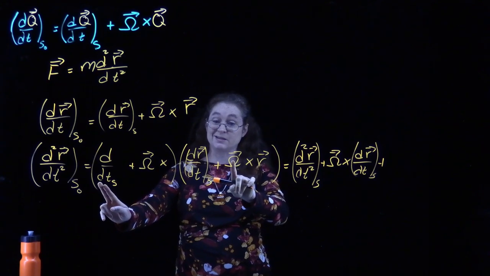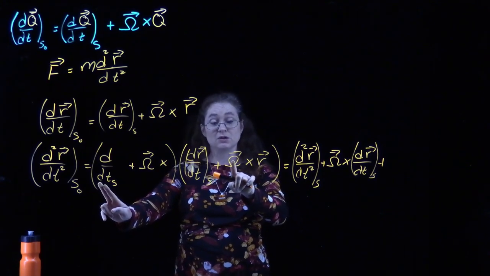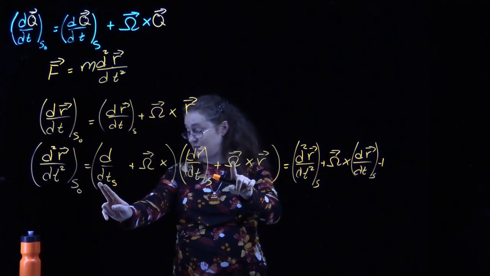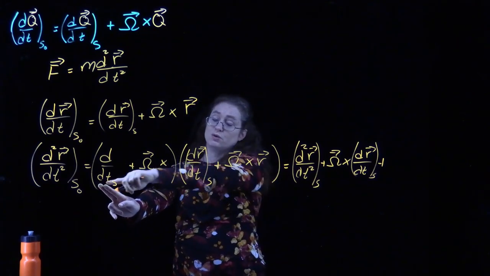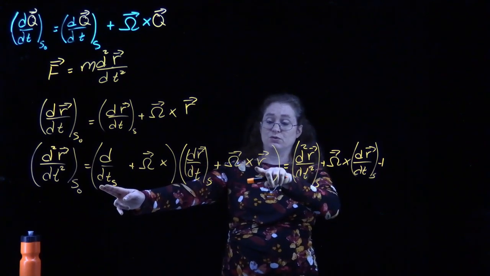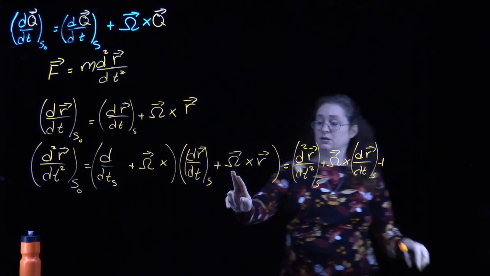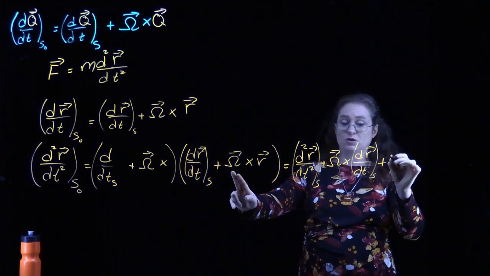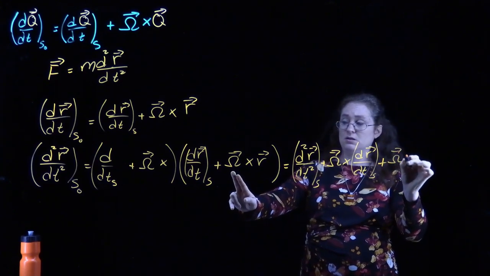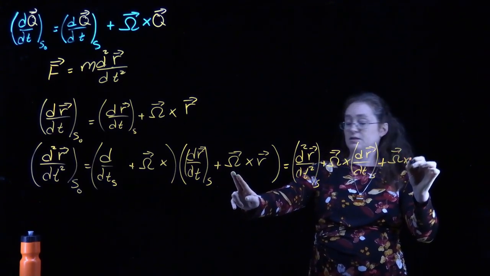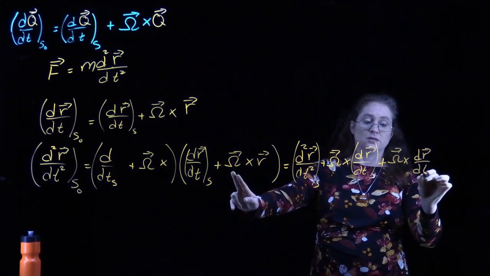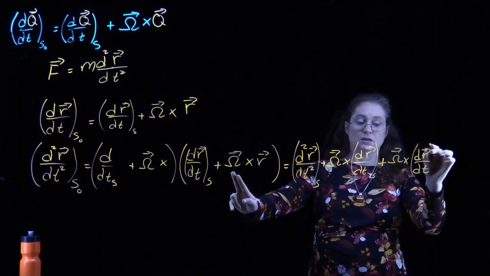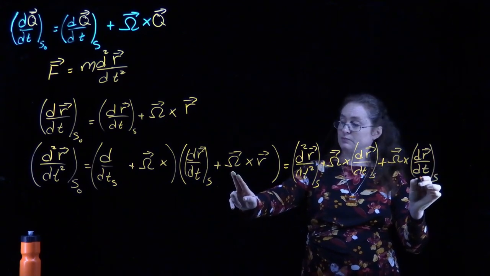This is a constant. If we're talking about the rotation of the Earth, the speed of the Earth rotating around its axis does not change. So the derivative operator moves through this, and we get a term, omega cross dr/dt in the non-inertial frame.